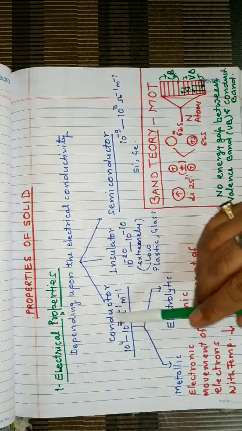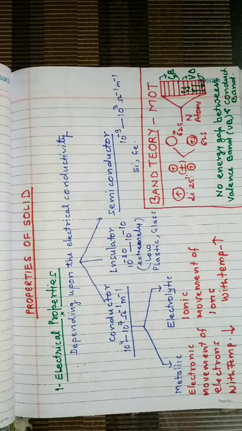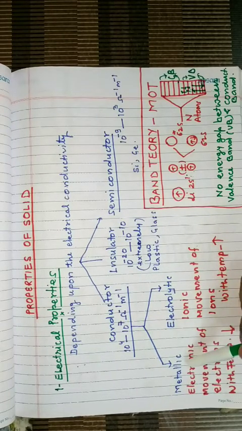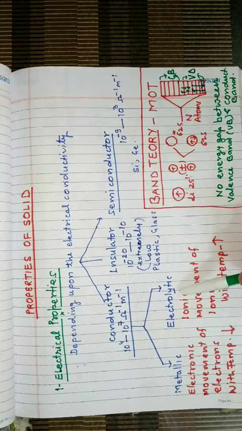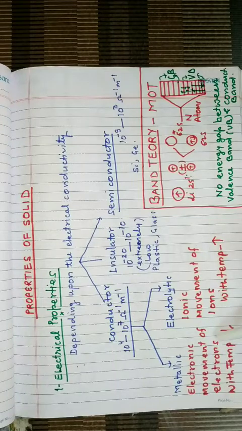Now if we take the conductor again, conductors means which can allow the passage of electric current through them. They can be divided into two types. One is metallic conductor and another is electrolytic conductor. In metallic conductor, the conduction of the current is by the movement of electrons.